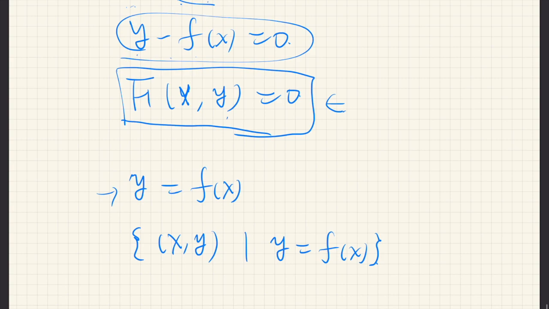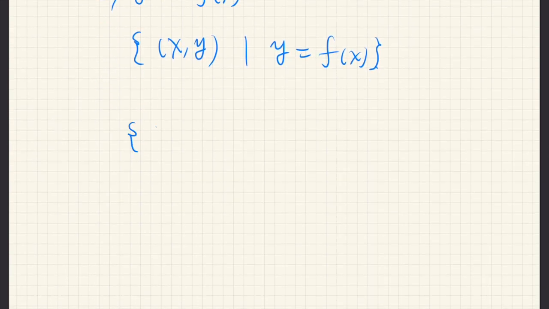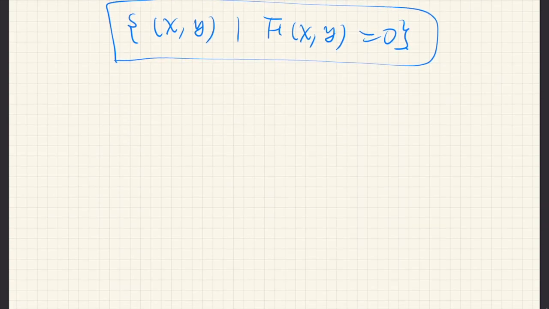Now consider this case. If we define a set of x and y that satisfy this relationship, can this represent a graph of some function? Sometimes yes, sometimes no, as we have said before.